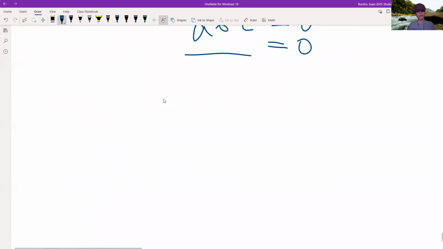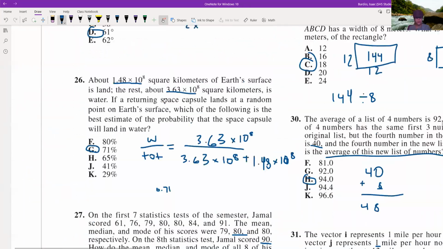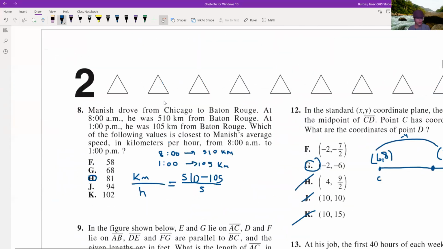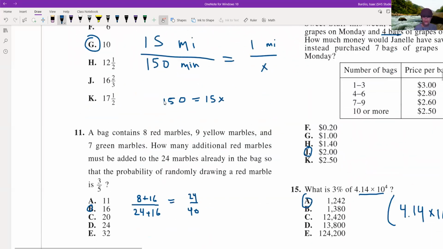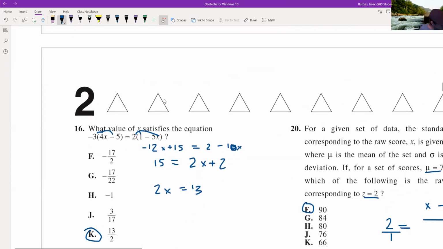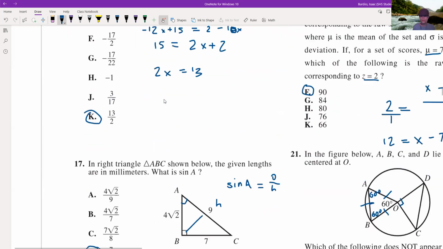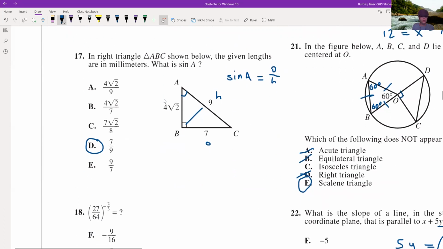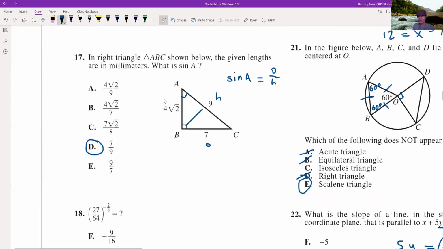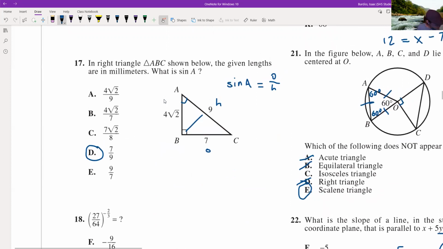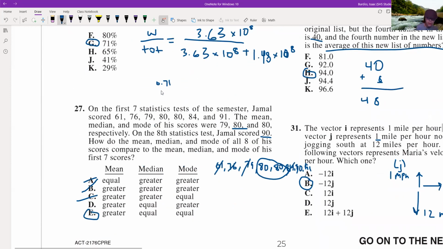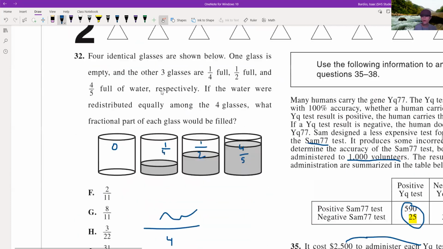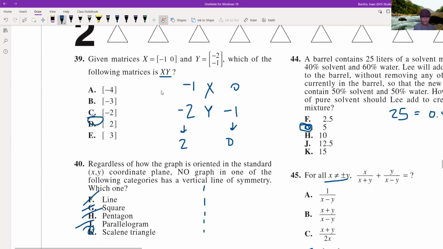But let me review these ones. Which ones were the ones that I needed people to comment on if they knew? Okay, was 16 one of them? No. 21, was that one of them? No. Wait. That was, yeah, 21. And then 30, was that one of them? No. 39, was that one of them? No. Was 47 one of them?